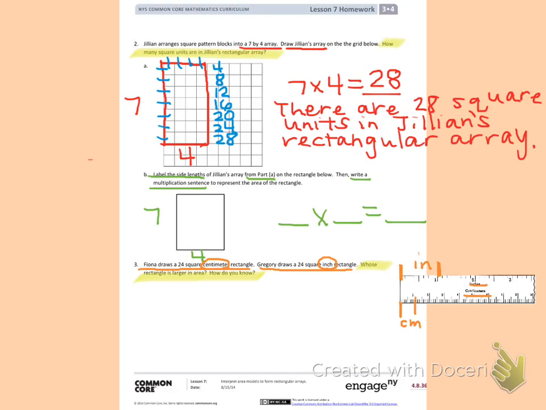Also, it says, how do you know? So on the line, you can write the person's name, either Fiona or Gregory.